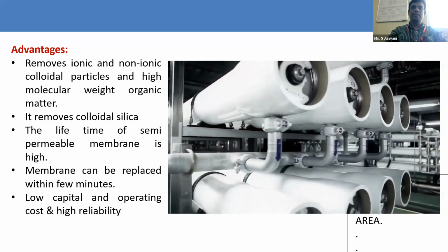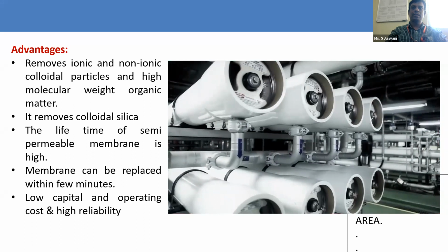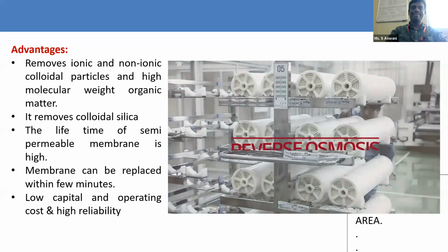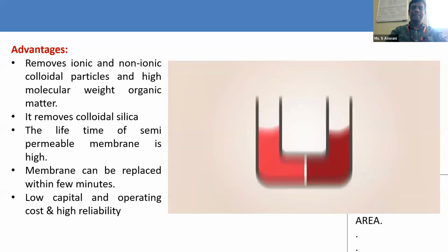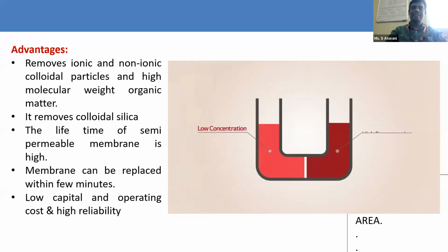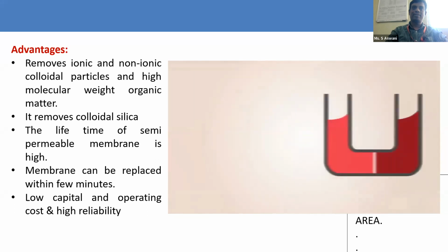Reverse osmosis is today's leading technology in addressing water scarcity across the globe. Osmosis is the movement of liquid with low particle concentration through a semi-permeable membrane into a region of high particle concentration to achieve equilibrium. Natural osmotic pressure then maintains this equilibrium.